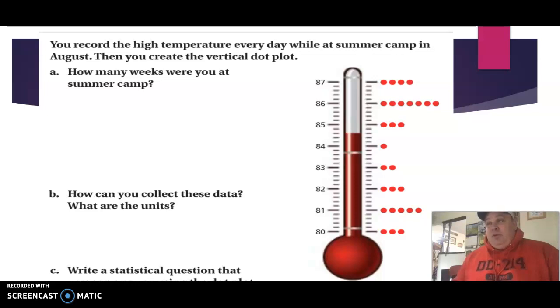I'm sure some of you said swimming. Some of you would say playing basketball. There's probably a few of you that would like to do some underwater basket weaving. But, as you can see, there are many different answers to that, so that would be a statistical question. What do you like to do when the temperature is above 86 degrees?